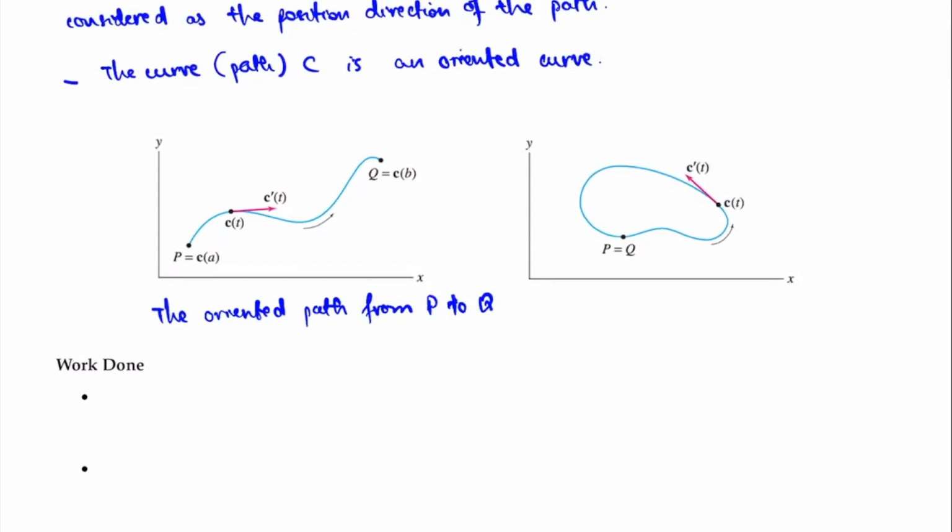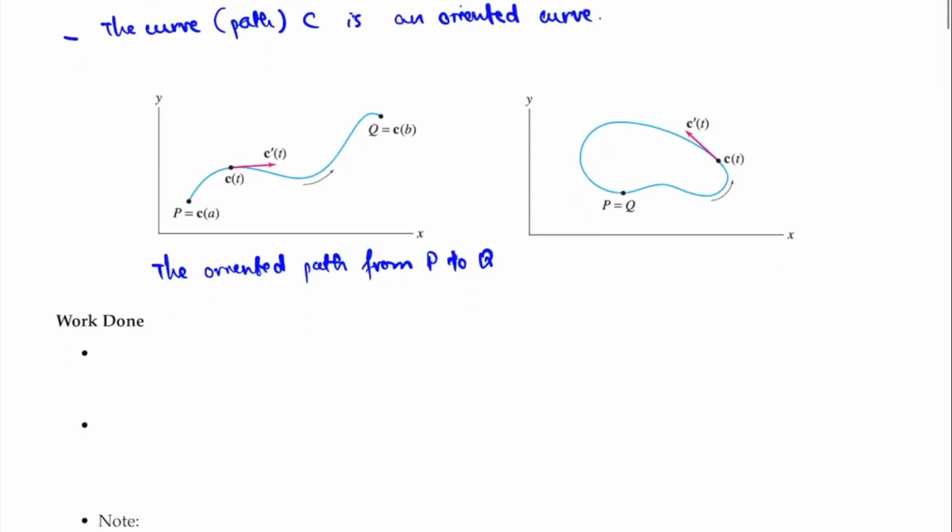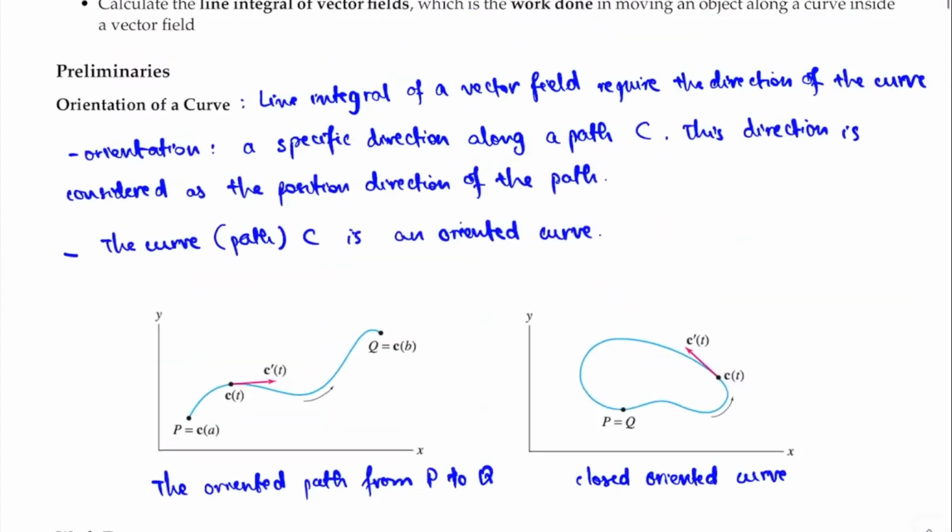And usually, but not always, we say that counterclockwise is the positive direction, and clockwise is the negative direction. So this is the closed oriented curve. So that's the orientations of the curve.